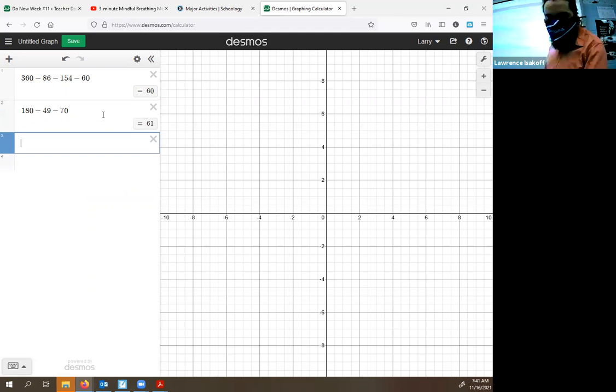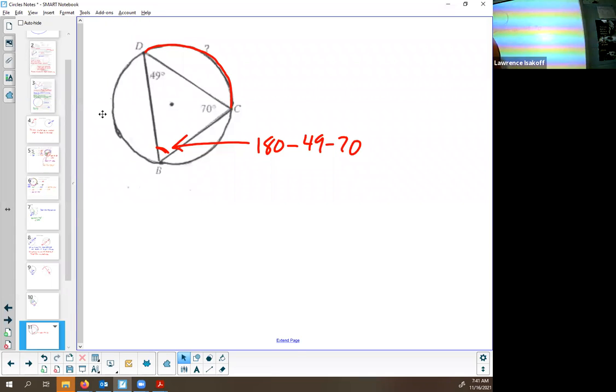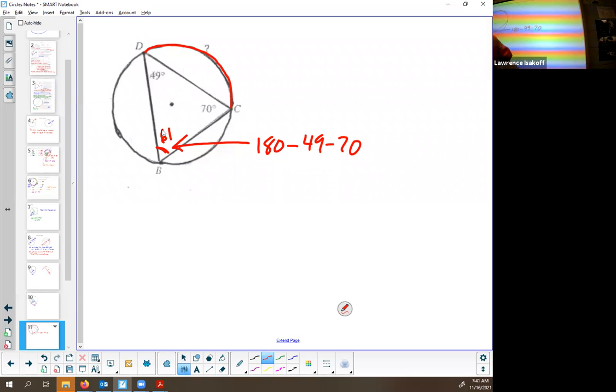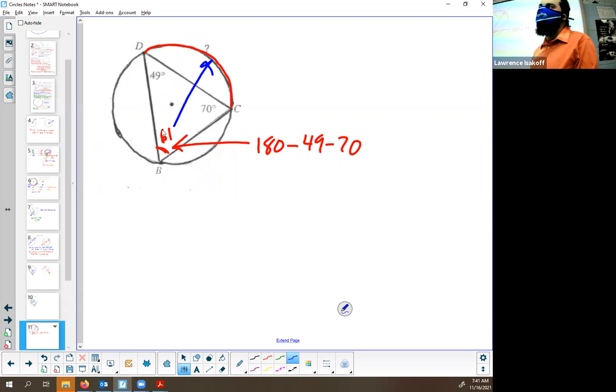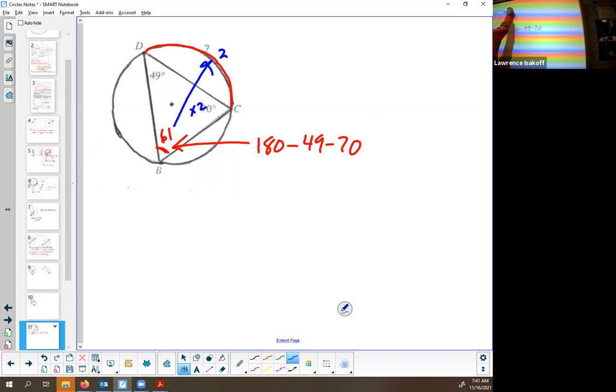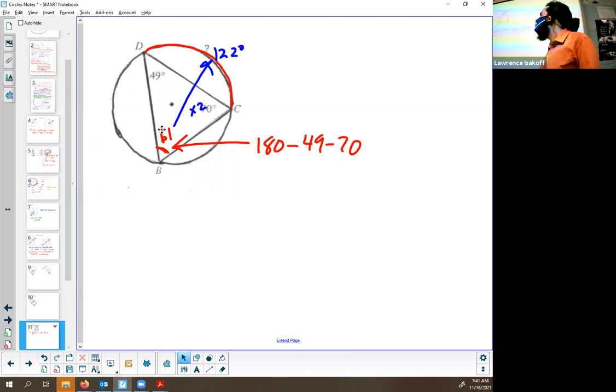And that gives me 61 degrees. So now I know this is 61. Now that I know it's 61, what would I do to get to the arc here? Yeah, we're going to multiply by 2. 61 times 2 gives me 122.